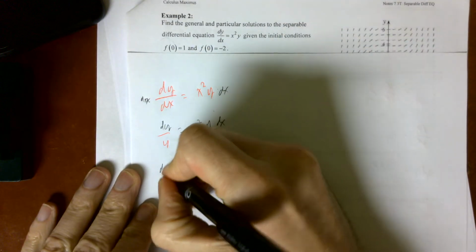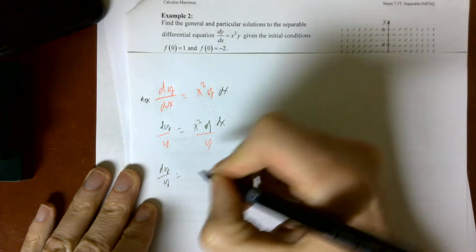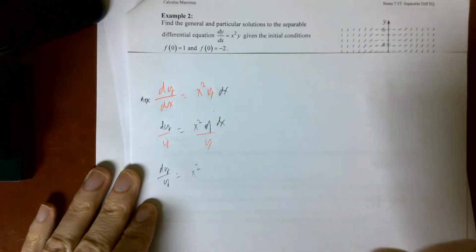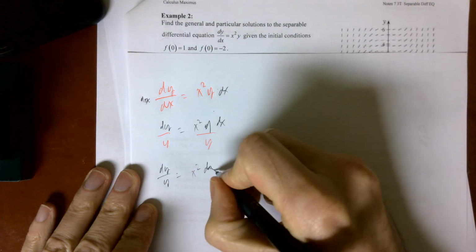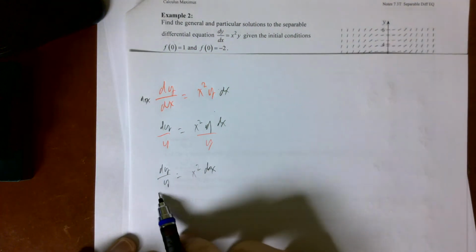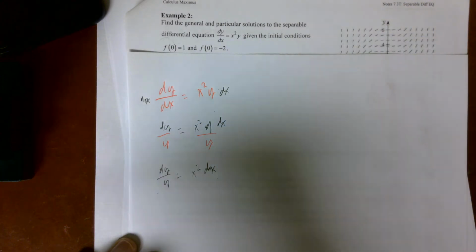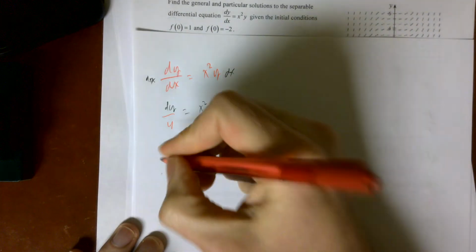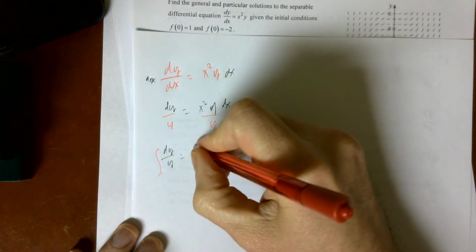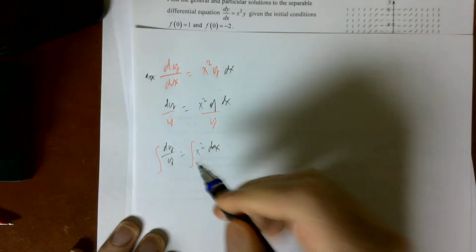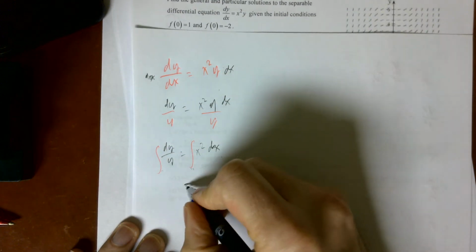So now I'm looking at dy over y is equal to x squared dx. I got my y's on the left, I got my x's on the right. Once I've separated the variables, now I'm ready to integrate both sides. And so when I integrate this side, well, that works out nice.